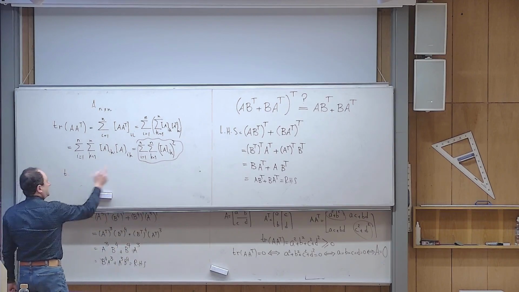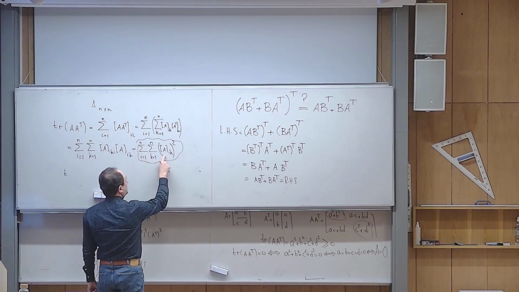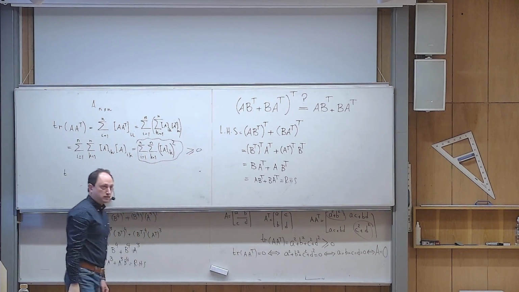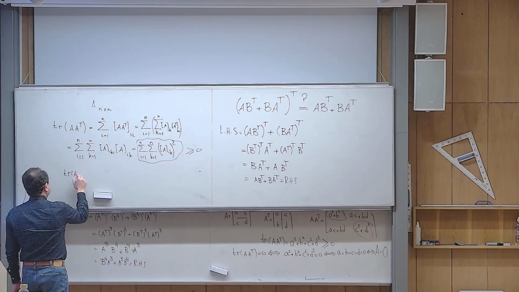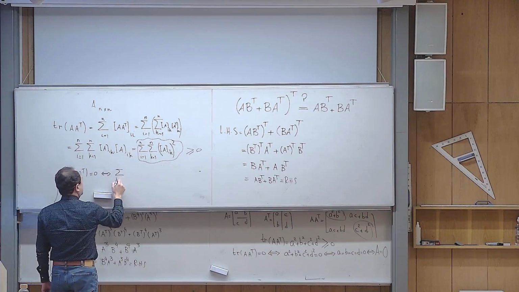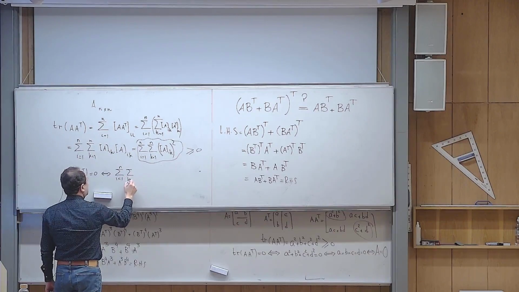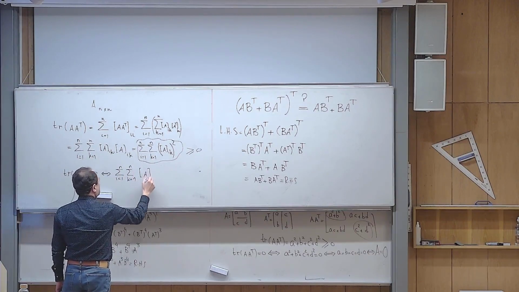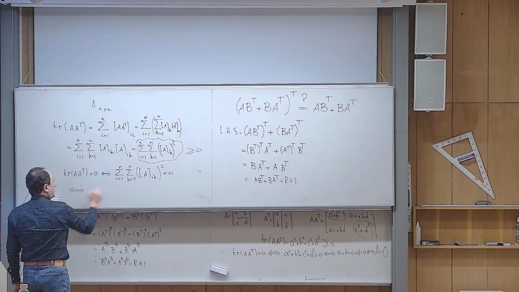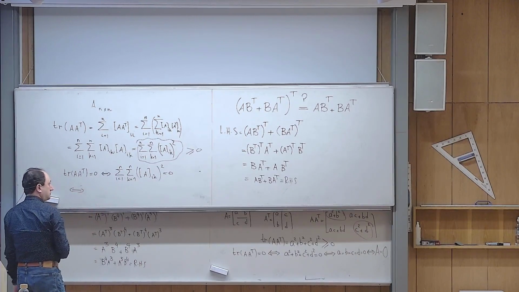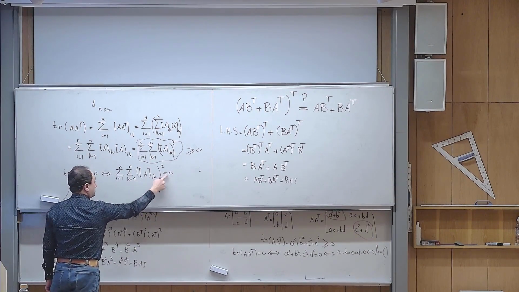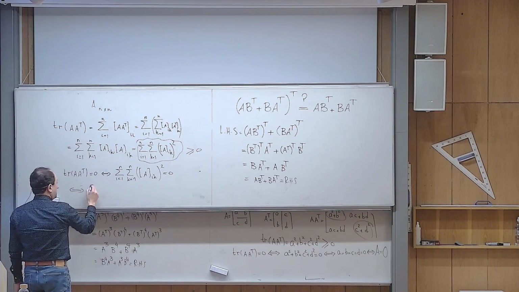Then it is first of all clear that I am adding up a bunch of numbers, all of them non-negative, so definitely this is non-negative. And if I ask you when this is 0, it is 0 if and only if that sum is 0. But this sum is 0 if and only if all the individual entries are 0, because the sum of non-negative numbers can be 0 only under one condition, and that is all of them are 0.